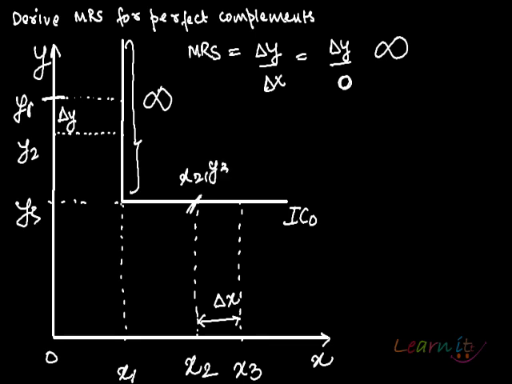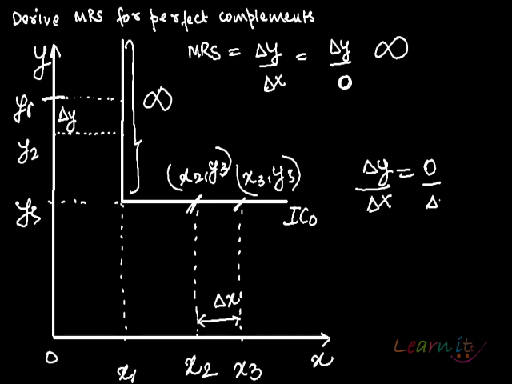X2, Y3. While if you are at this point, the coordinates are X3, Y3. So the change in X is of course delta X, but what is the change in Y? 0. There has been no change in Y. So MRS is 0 at this range of an IC.